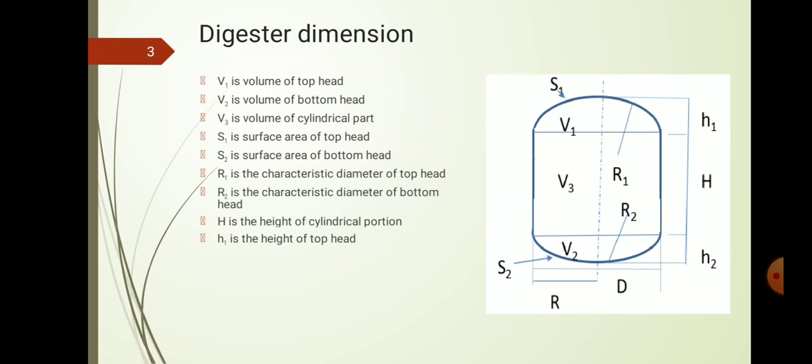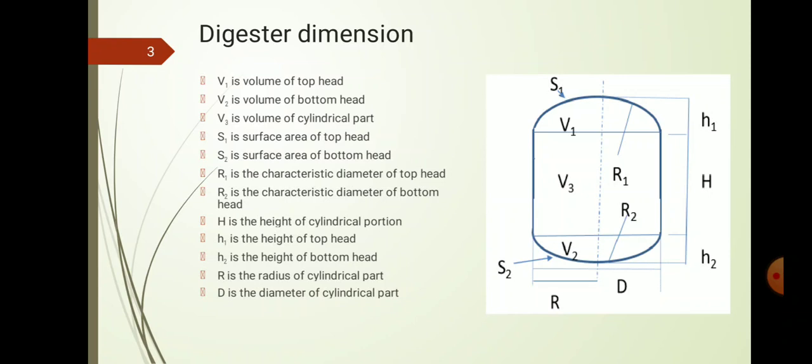H1 is the height of the top hemispherical part, and H2 is the height of the bottom head. Capital R is the radius of the cylindrical part, and D is the diameter of the cylindrical part. So these are the geometrical specifications of a digester. We want to know all these, then only can we construct according to those inputs.